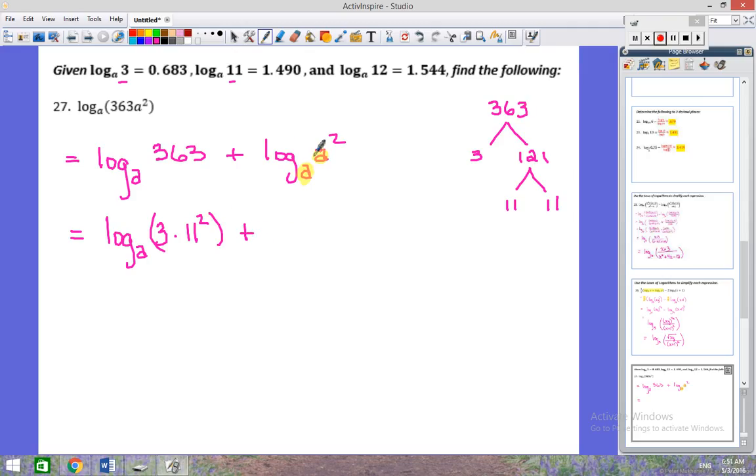And like I say, this guy is just the number 2, so we can go ahead and simplify that now. Now this 3 has an exponent of 1 associated with it, but the 11 has an exponent of 2. So once again, we'll split up this product before we attempt to move that exponent down.